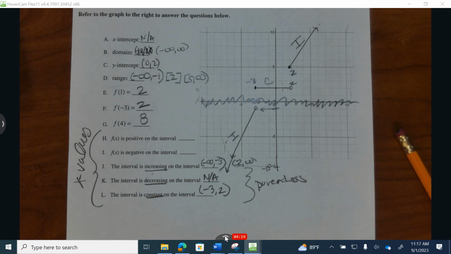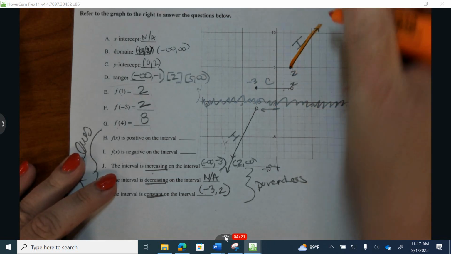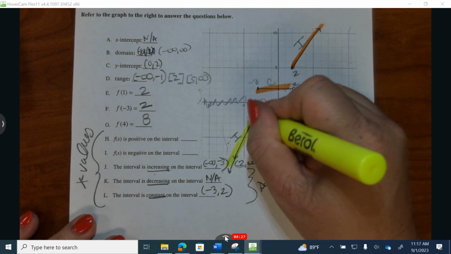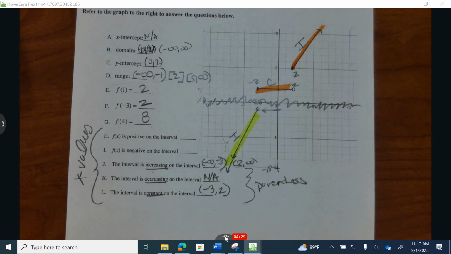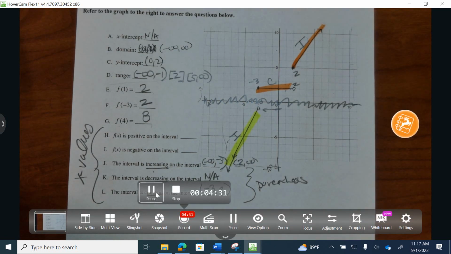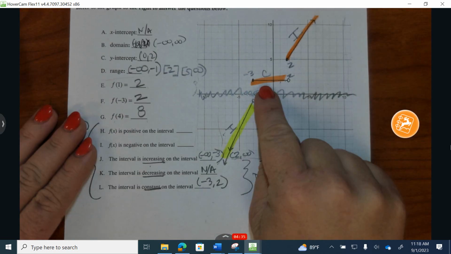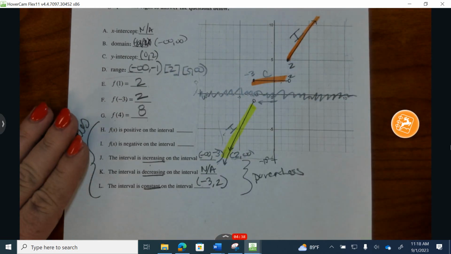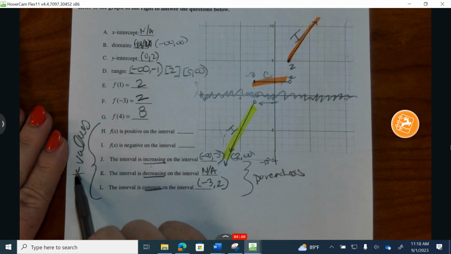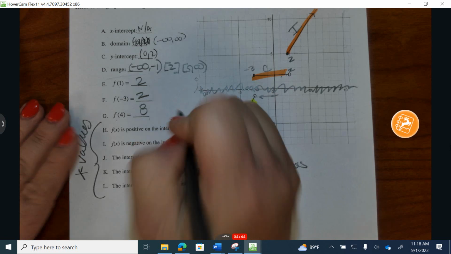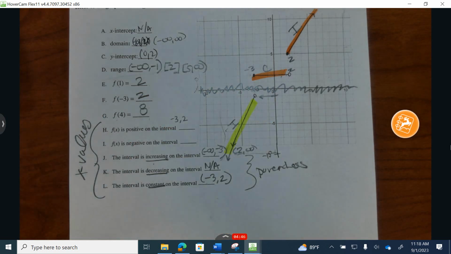And this time I'm not going to shade it in, but I am going to identify where it is positive and where it is negative. You don't have to do that. I just think for students who may struggle, it makes it a little bit easier. So how do we precisely identify the intervals that are positive? Well, let's look at just the x values. So it's positive from negative 3 to 2. Now I have to analyze the endpoints.